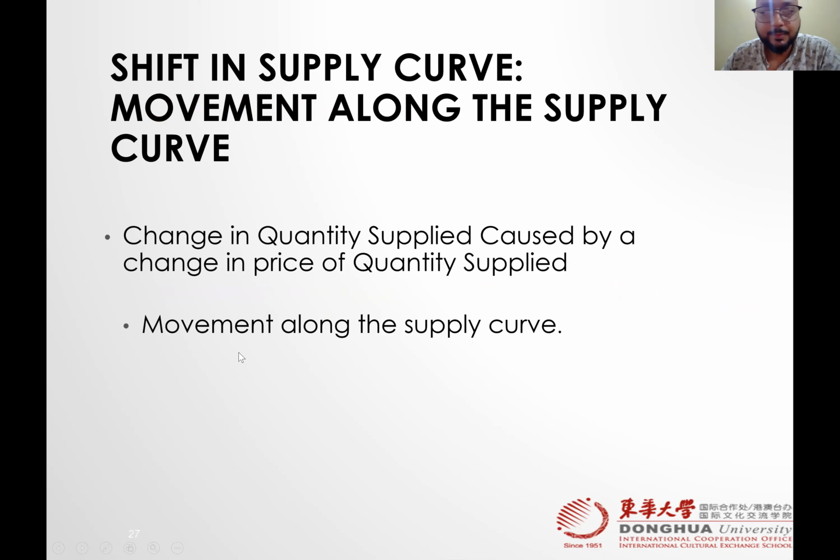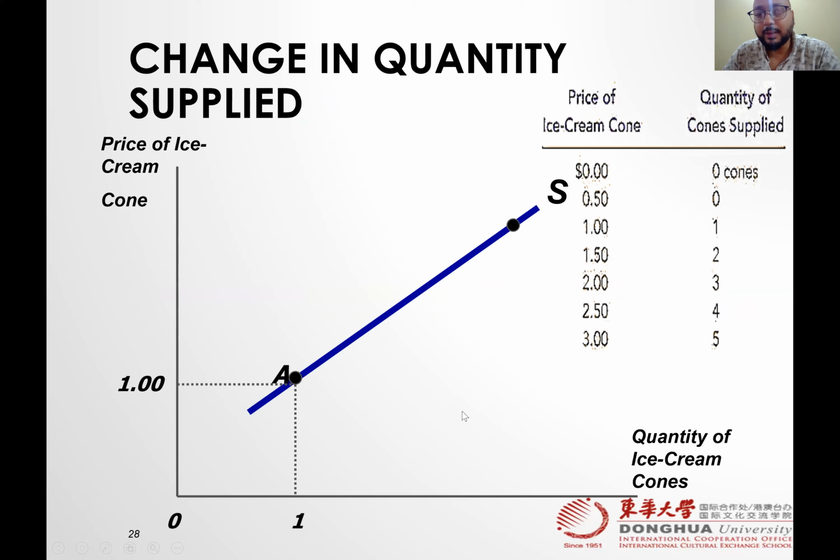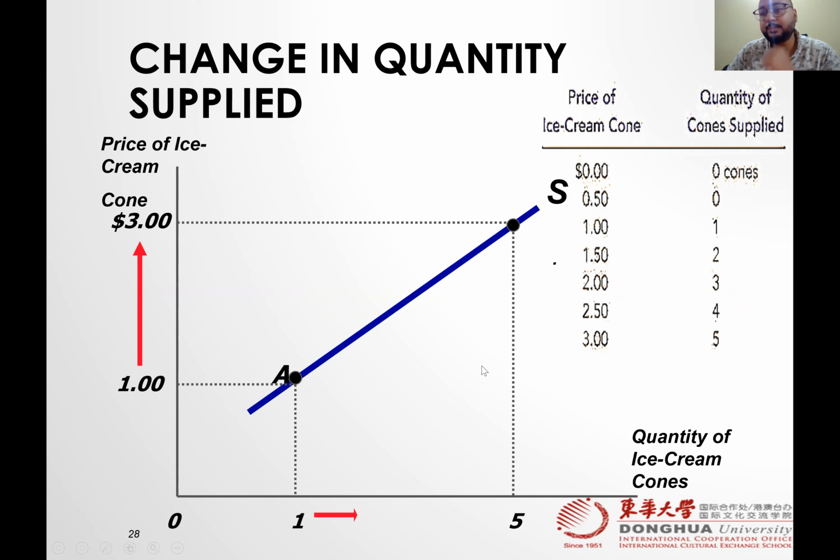Let's talk about this. A change in quantity supplied caused by a change in price, we call this movement along the supply curve. So movement means there is a change in quantity supplied, which moved from 1 to 5. And what is the reason? The reason is that price changed from 1 to 3.